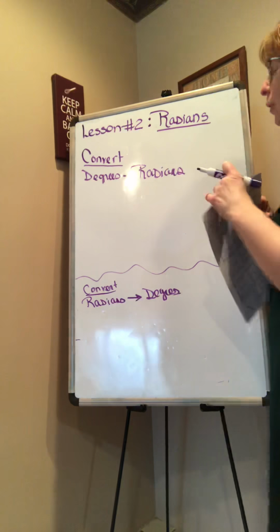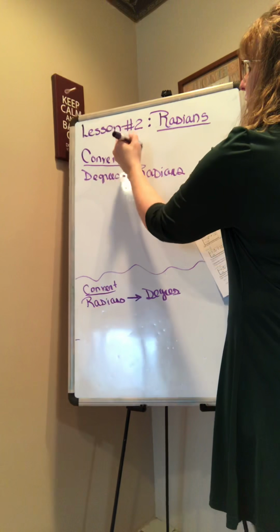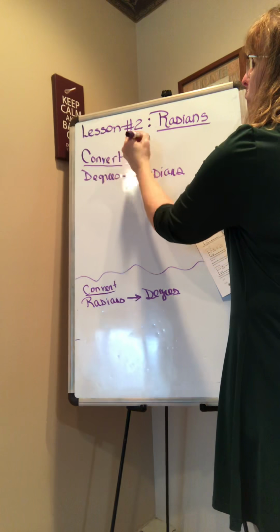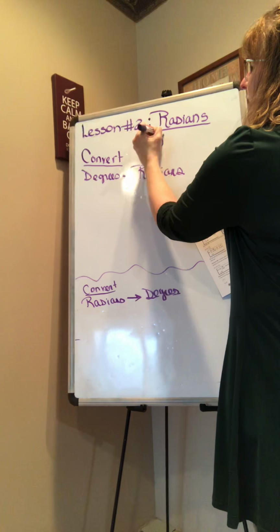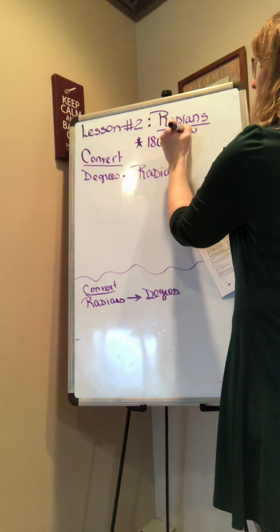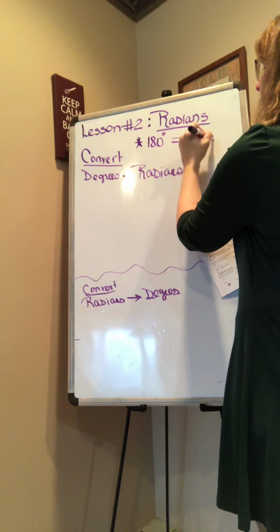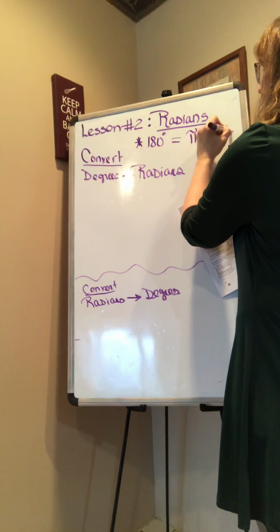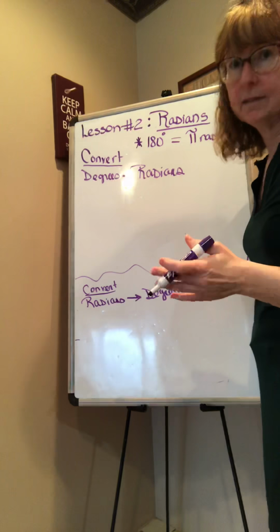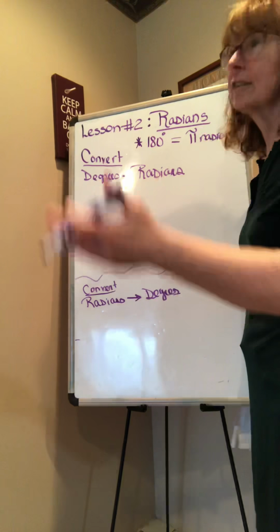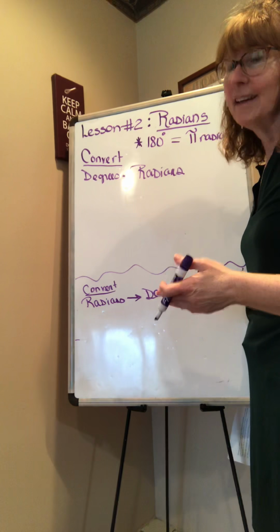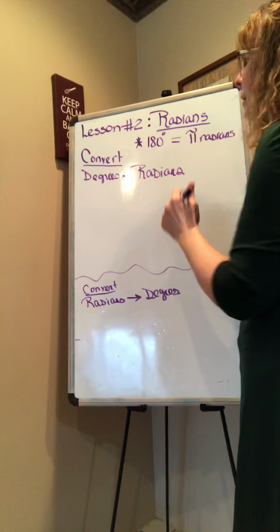Now, the most important thing we have to know, this is a definition that we have to know. 180 degrees is equal to pi radians. Again, radians come from pieces of circles. Circles deal with pi, so they're all connected together.